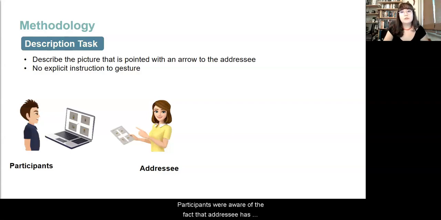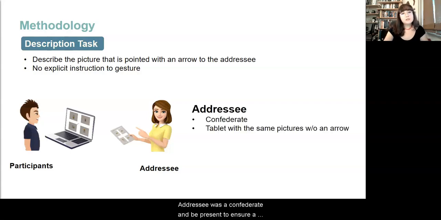Participants were aware of the fact that the addressee has the same display without the arrow. There were no explicit instructions to use gestures or not. The addressee was a confederate and was present to ensure a communicative nature for the task and set natural needs for informative descriptions.